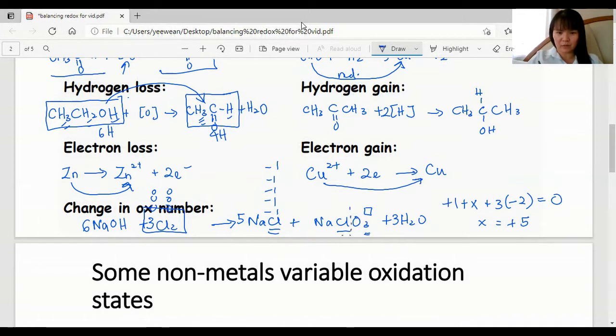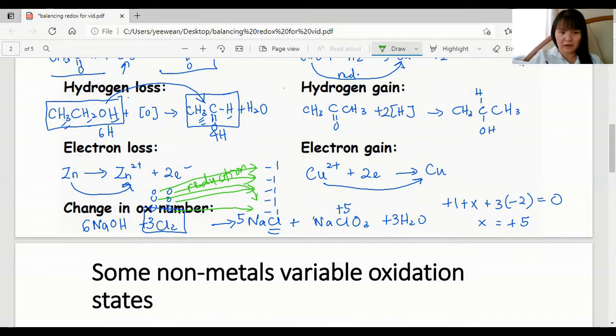So these are all the positive ones, and oxygen are the negative ones. So 5 of the chlorines received electrons, or changed in oxidation number here from 0 to -1. So they received electrons. Electron gain means reduction.